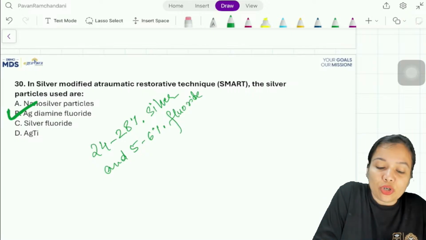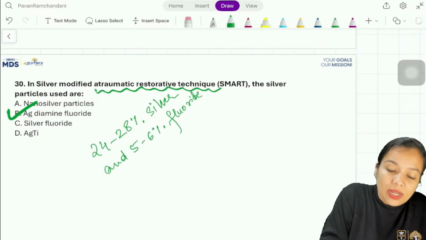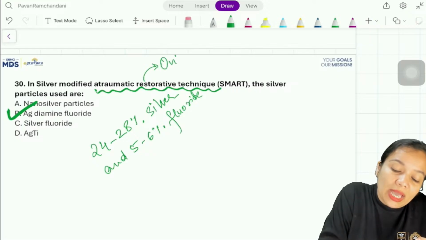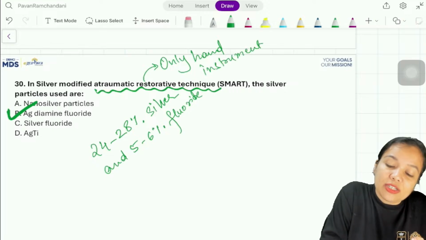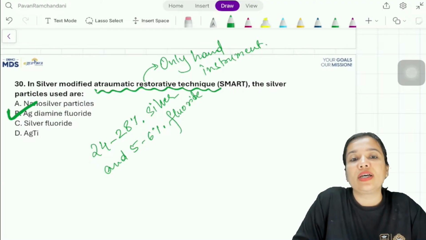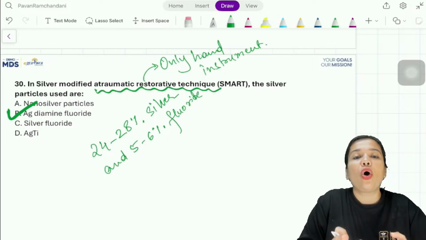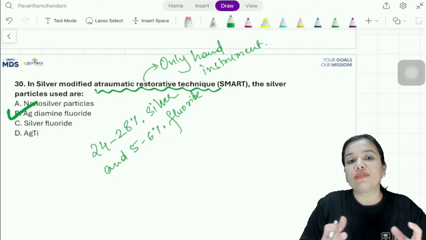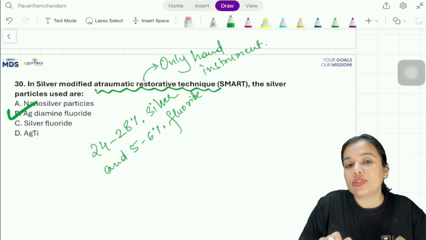So what is atraumatic? You all know what is atraumatic restorative treatment. Atraumatic restorative treatment is the one where you use only hand instruments. So it can be done in cases where you are doing treatment camps in remote areas where probably there is no accessibility to electricity, or you do not have sufficient rotary instruments, or you have a lot of patients that you're supposed to treat.